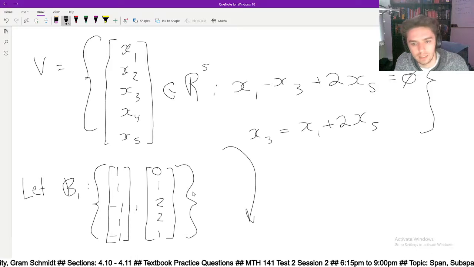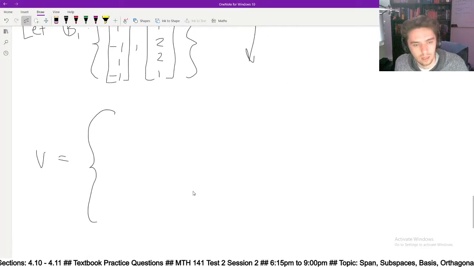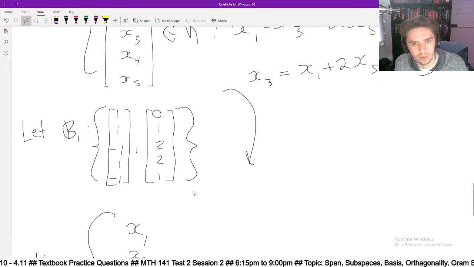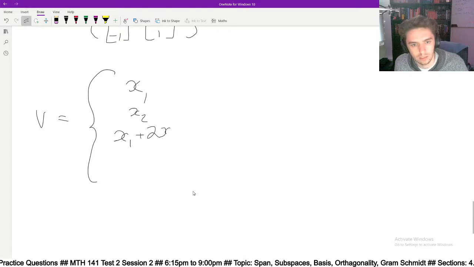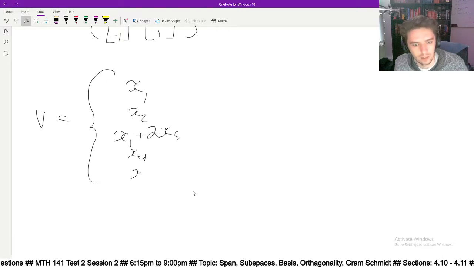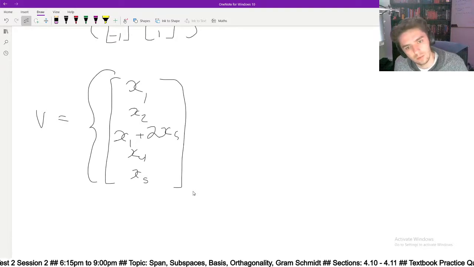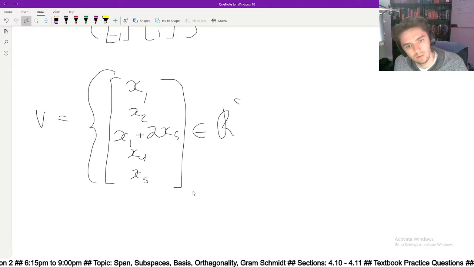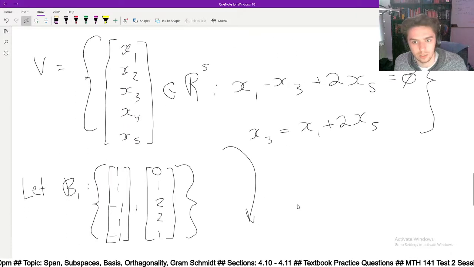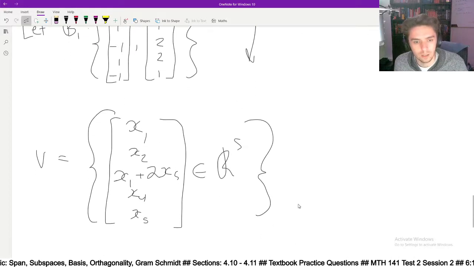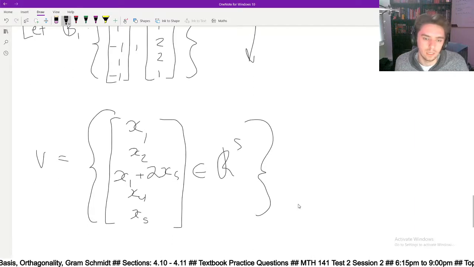So I can rewrite V as (x1, x2, x1 plus 2x5, x4, x5). Now we have included the condition in there, so we're in R5 and there are no more conditions. So we don't actually have to write this anymore.